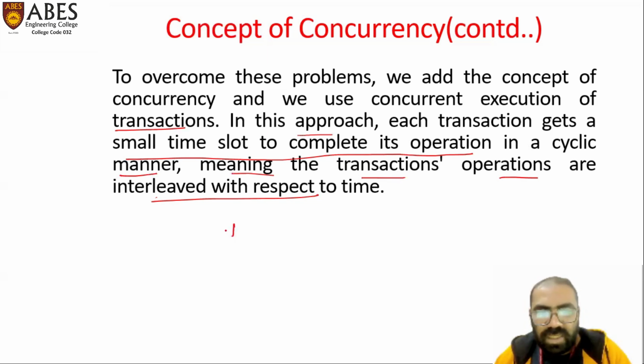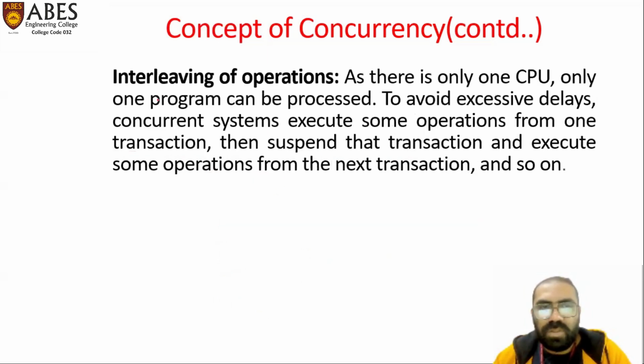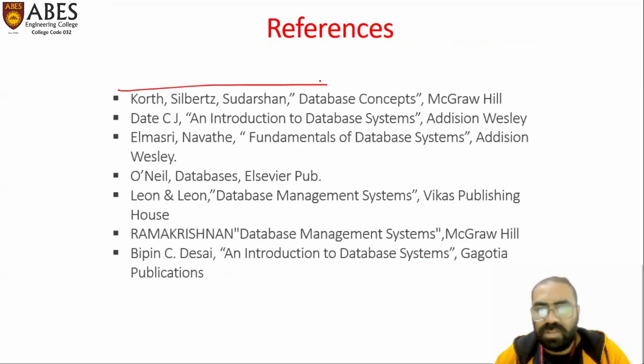So if T1 starts here, T2 can also start. It gets some time, then the other gets some time. It is not that T1 has to finish first and then T2 starts. So we get a concurrent system, made possible by interleaving of operations.